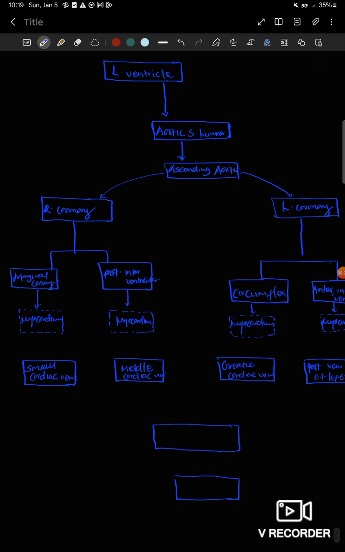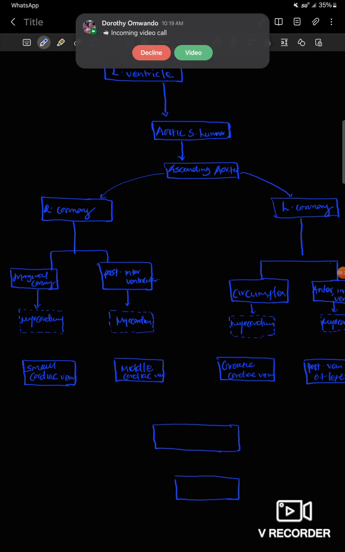The same thing happens with the posterior interventricular coronary artery, which drains to the middle cardiac vein. The circumflex drains to the great cardiac vein, and the anterior interventricular drains to the posterior vein of the left ventricle.